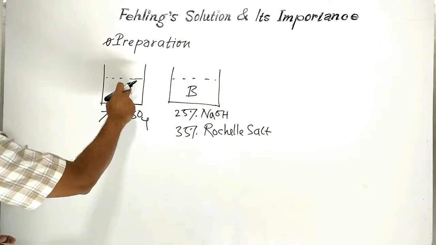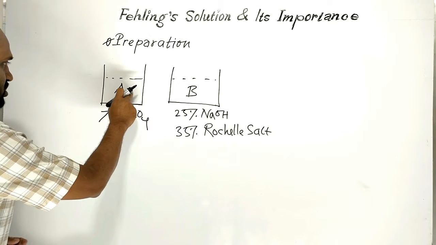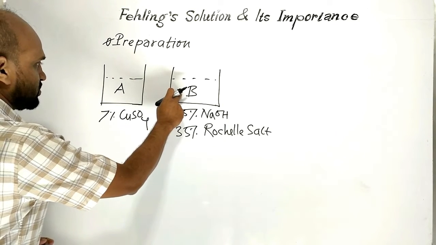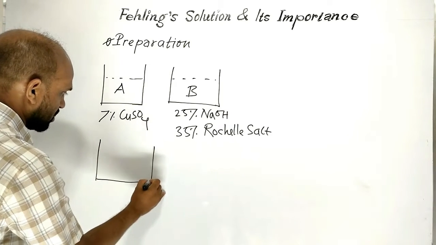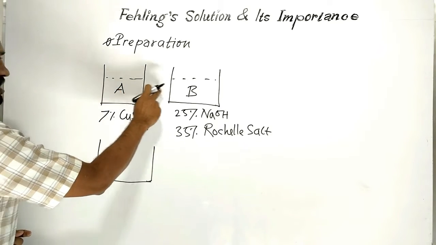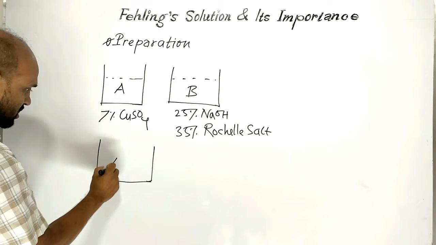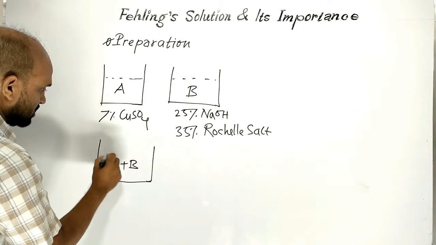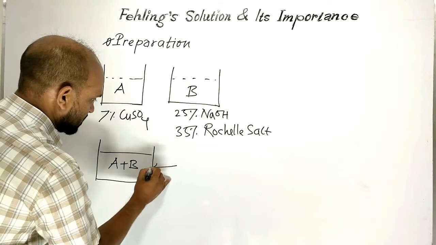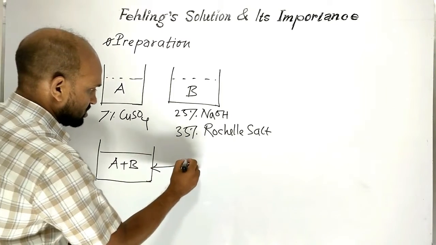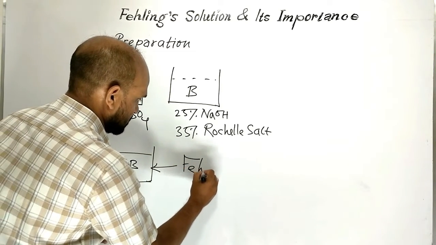Here, two solutions, solution A and solution B. When equal volumes of solution A and solution B are mixed together, then a new solution is obtained, which is actually known as Fehling solution.